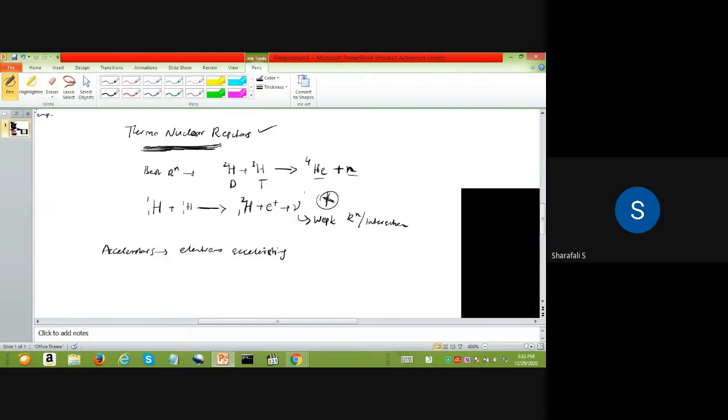We already discussed that. When charged particles are accelerating, they will produce some electromagnetic radiation, right? These electrons are charged particles, and the nuclei are also charged particles. So when charged particles accelerate, they produce radiation. This radiation we call Bremsstrahlung radiation.